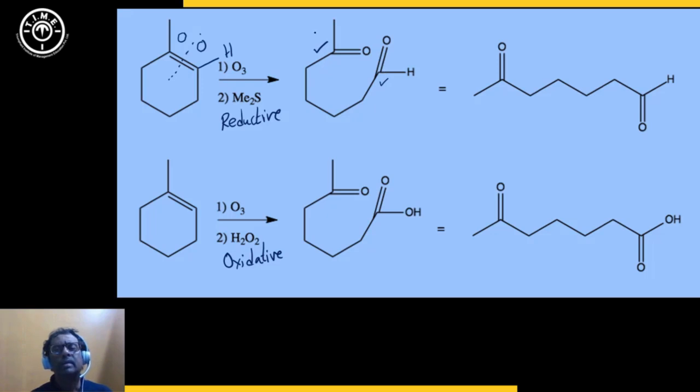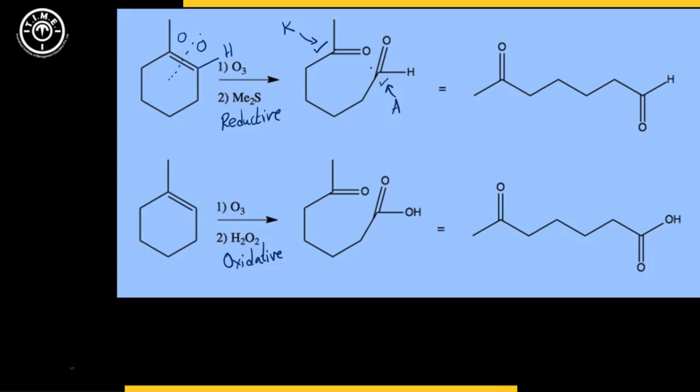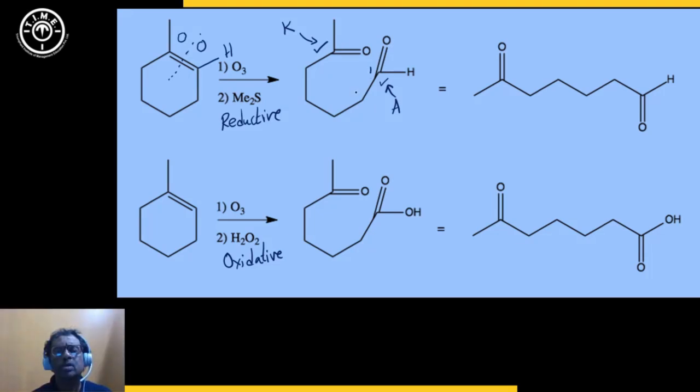Here, this part is ketone. I'll write K. This part is aldehyde. Keep that in mind. So this aldehyde part will be carbon number 1, because of priority. So 2, 3, 4, 5, 6, 7.